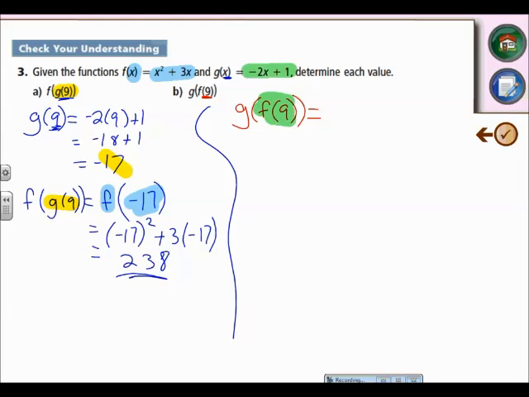So I'm going to say g of, well, f of 9 is, this is the f, using the f equation. Substitute the 9 in there. So 9 squared plus 3 times 9. So all I did is substitute. Wherever I saw an x in the f, I put a 9.